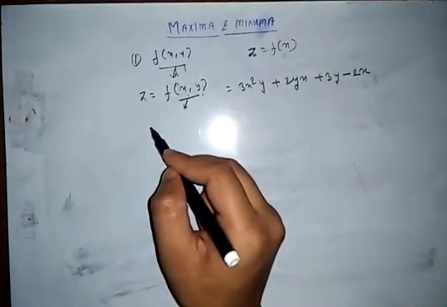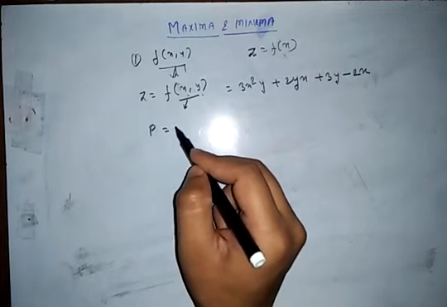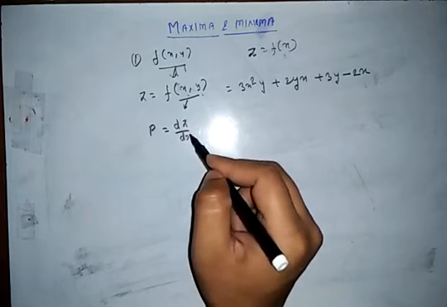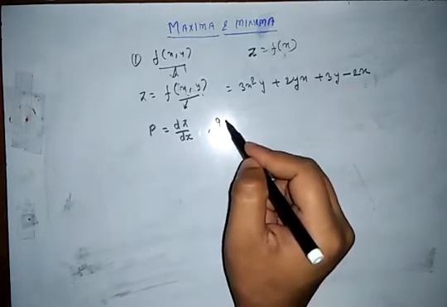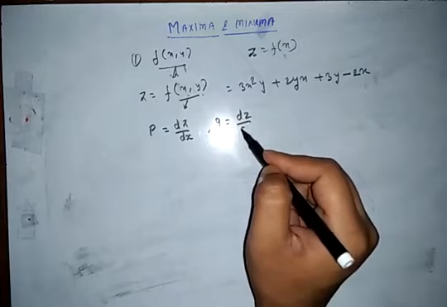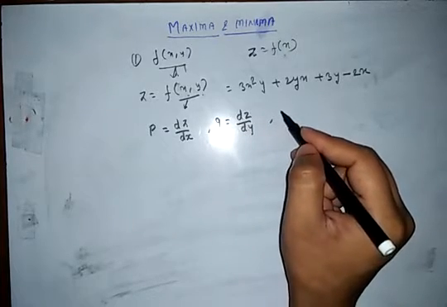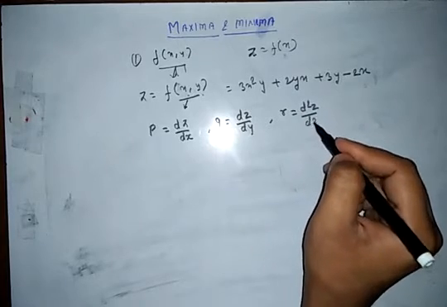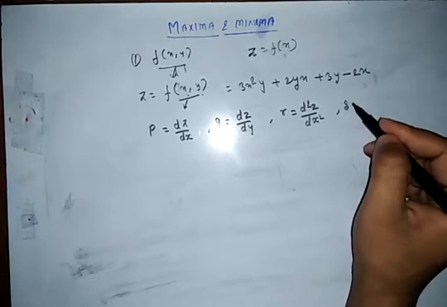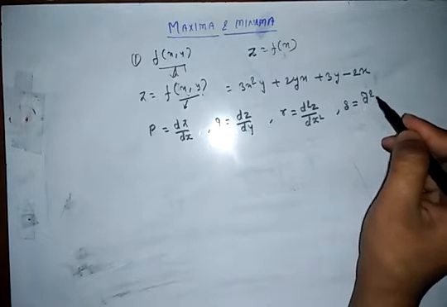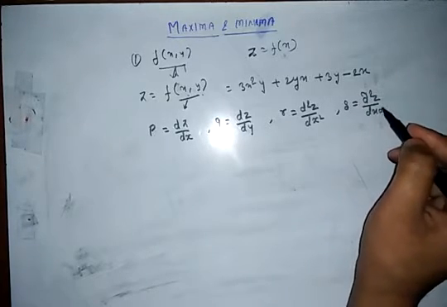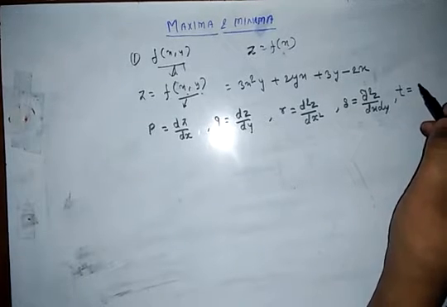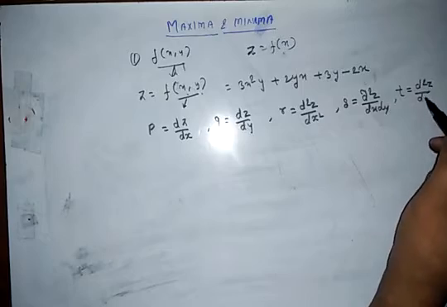First find p, nothing but dz by dx, q is dz by dy, r is d2z by dx square, s is d2z by dx dy, and t is nothing but d2z by dy square.